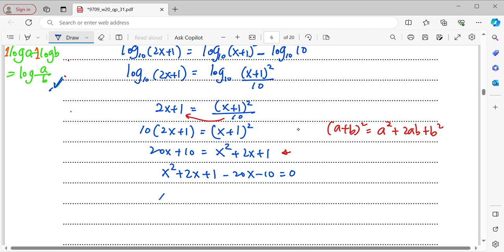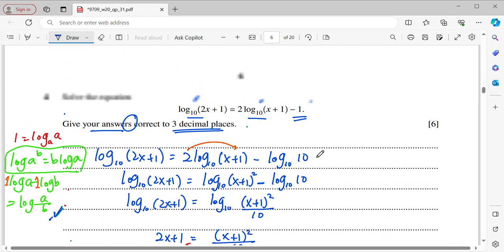When you simplify this, it will be x squared, 2x minus 20x, so minus 18x. Then 1 minus 10 is minus 9 equals 0. So this is the quadratic equation. Now you can try to factorize this, but unfortunately you can't factorize it. That's why the question is asking for 3 decimal places.